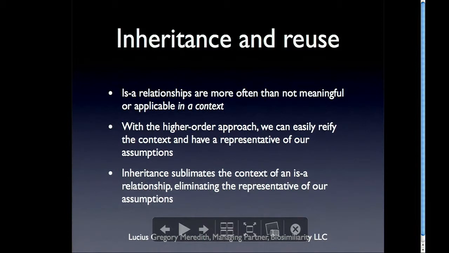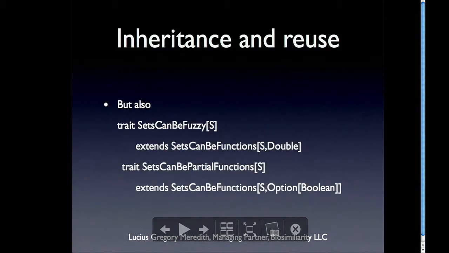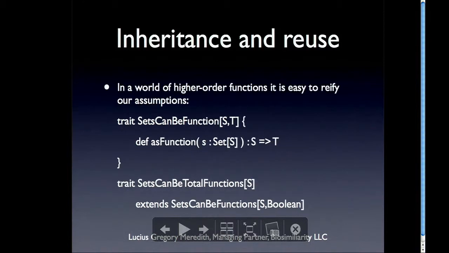But more often this ISA relationship is meaningful in a context. There's some context in which we think about them as that thing. And outside of that context, we don't make that identification, right? In the higher order approach, the crucial point is that we can reify the context. We make a thing that represents the context. So here the trait is the thing that represents the context.